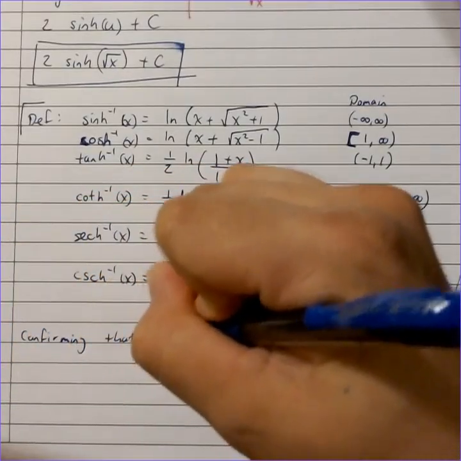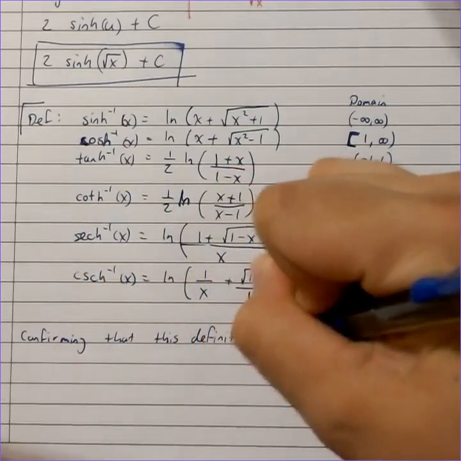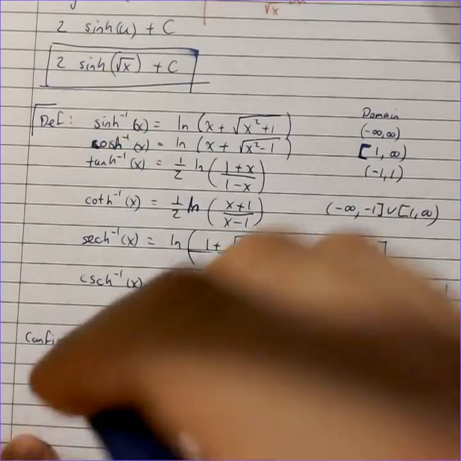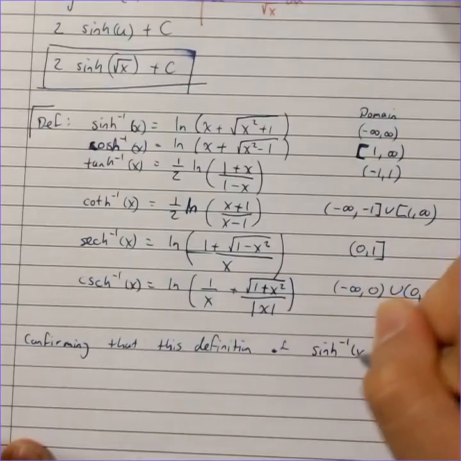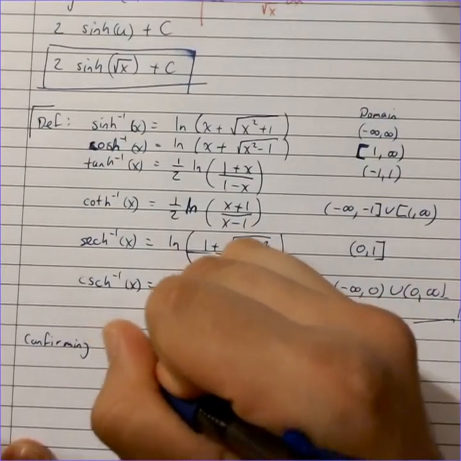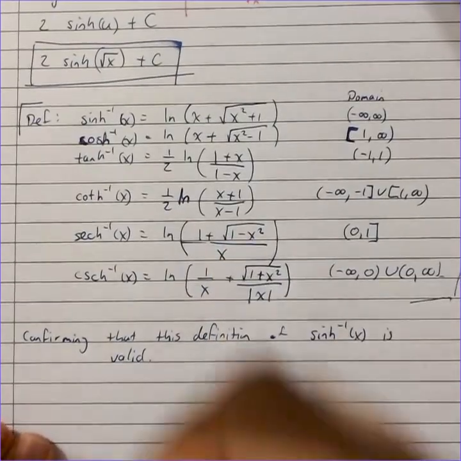So confirming that this definition of, and I'm just going to go ahead and pick the inverse hyperbolic sine, sinh inverse of x, is correct, or let's just say is valid. So what do you do? You take one and plug it into the other.